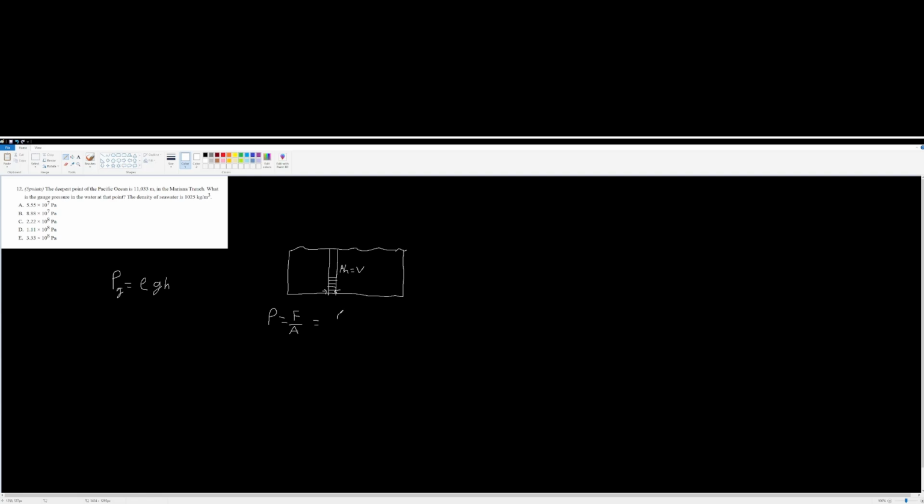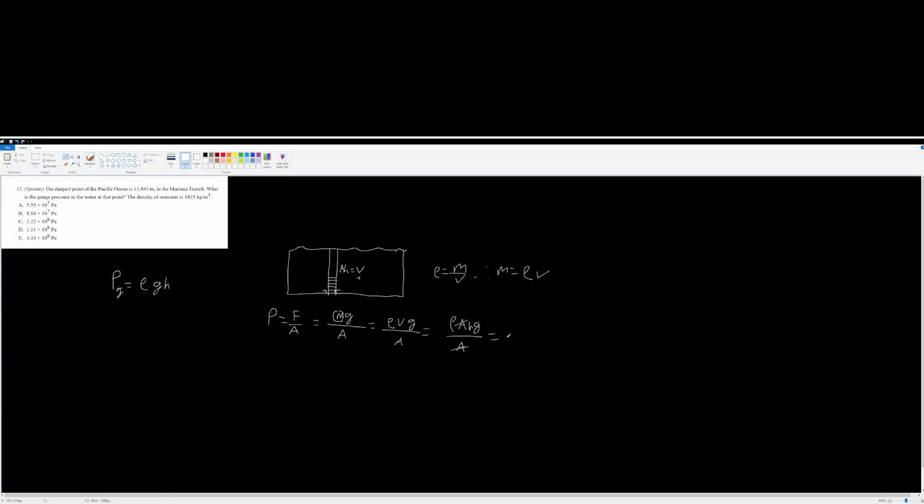We know that this is fundamentally mg over A. And we know from the problem we worked in our earlier tutoring session that one way we can actually express m here is by saying it's equal to, we have rho equals m over V, therefore m equals rho times V. So we can say this is equal to rho times V times g over A. But if we set V of this column of water that we're analyzing equal to A times h, then this equals rho times A times h times g over A. Maybe now you can see where this is going.